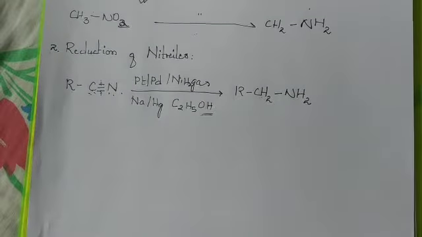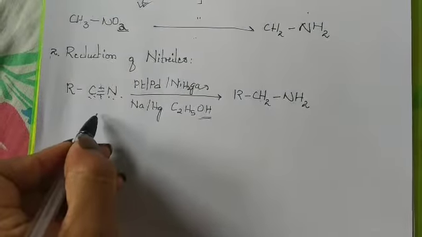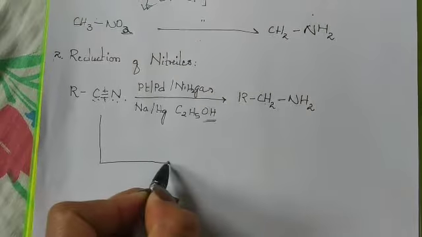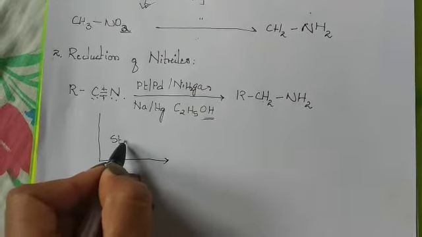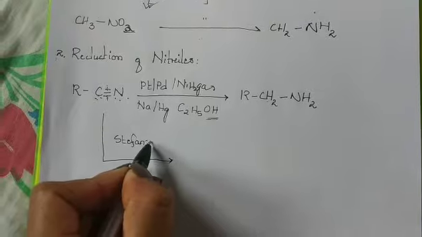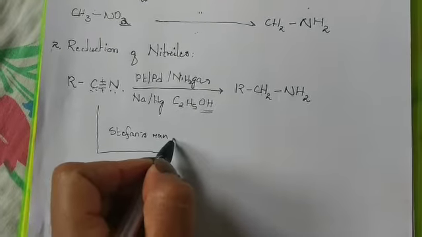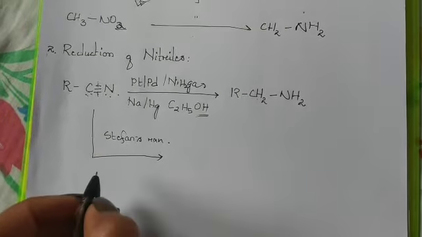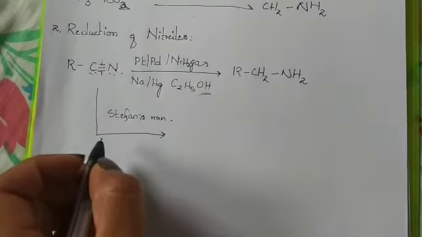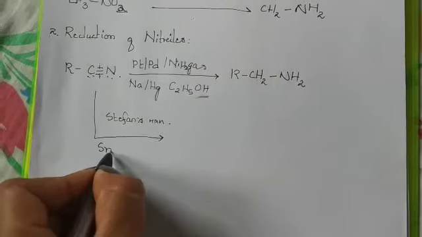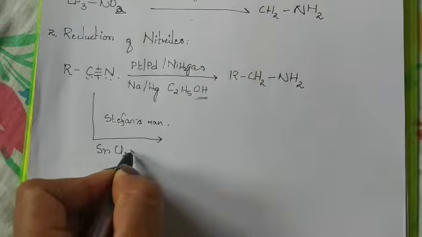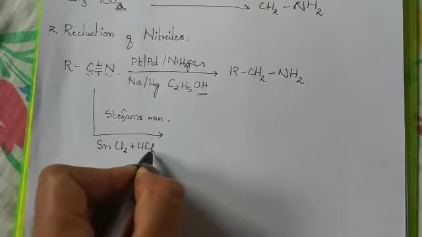Now we will notice another reaction, Stephen's reaction. Again, this reaction belongs to aldehydes and ketones. We will be discussing it in the next unit. Now in Stephen's reaction, stannous chloride plus HCl is used.